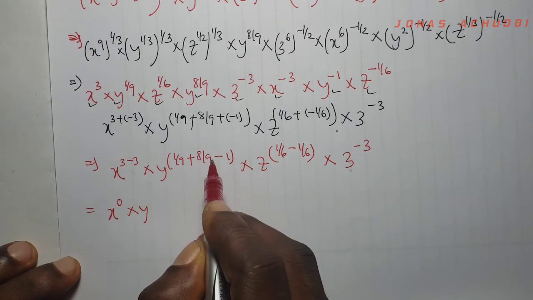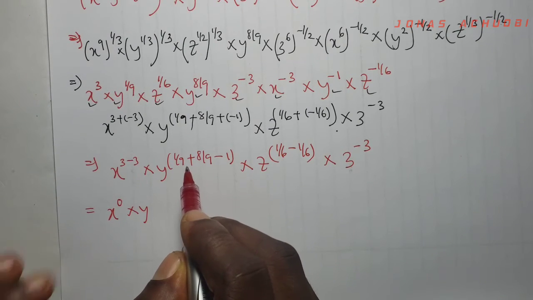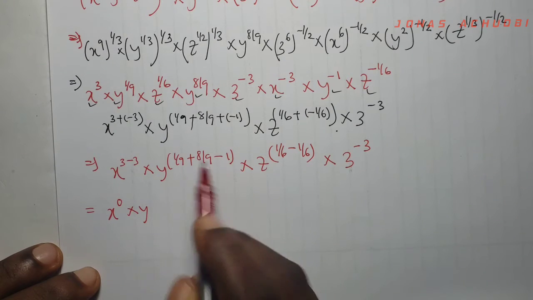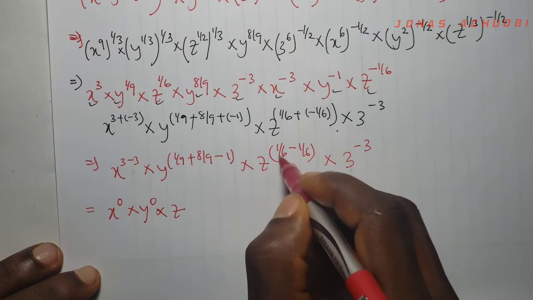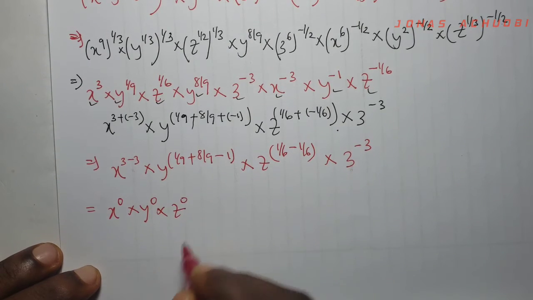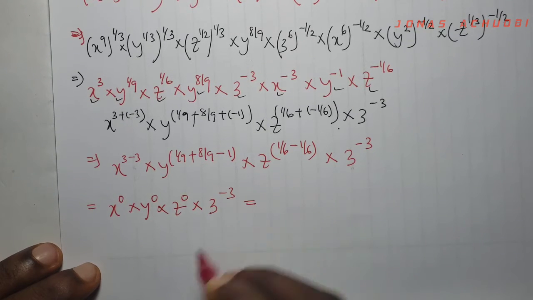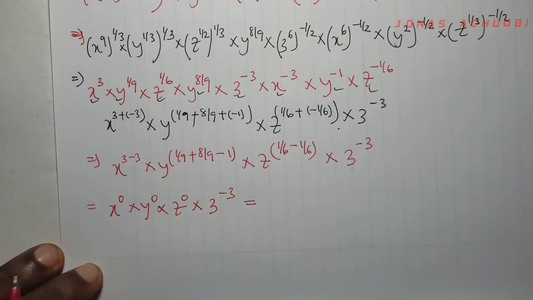Times y. Now these are fractions. The LCM here is 9, and when you tidy this up, what we have here is 0. Times z, 1 over 6 minus 1 over 6 again is 0. Times, I have here 3 raised to the power minus 3. So there's a law of indices that tells us that any number raised to the power 0 is 1.